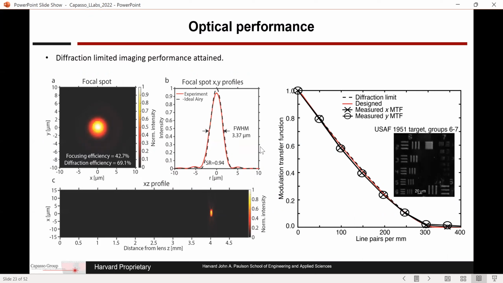This was optimized to work at, I think, the red wavelengths here. It's perfectly diffraction limited. If you look at the modulation transfer function, it sits on top of what you expect theoretically. And this was inverse design.